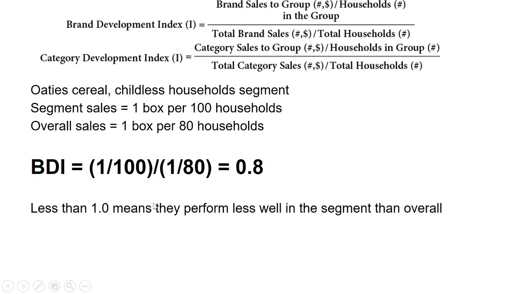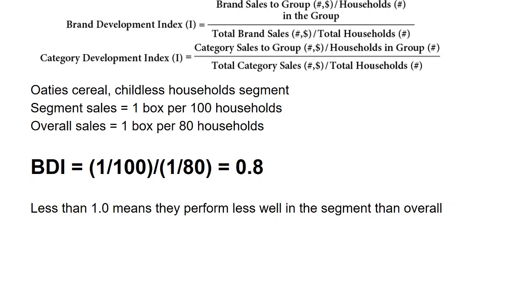And this is an index, so 1.0 means the 2 groups perform equally well. If your BDI is less than 1, that means your target segment performs less well than all the segments.